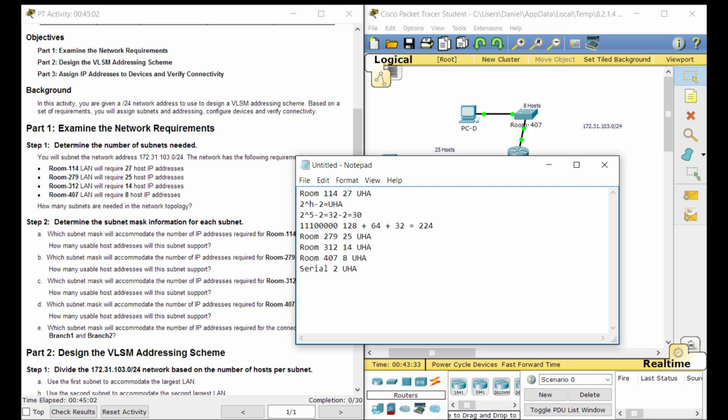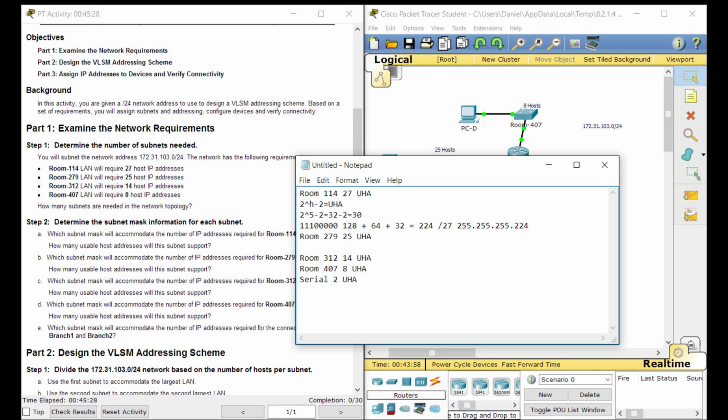Yeah, it seems about right. So the subnet mask would be /27. Remember, we already have 3 octets of all ones. 8 times 3 is 24, plus another 3 is 27. That would be 255.255.255.224.